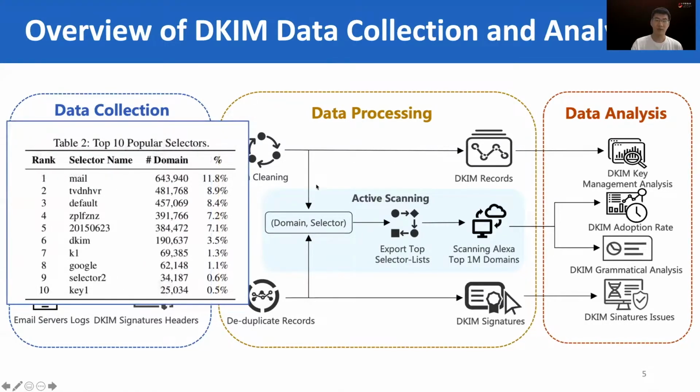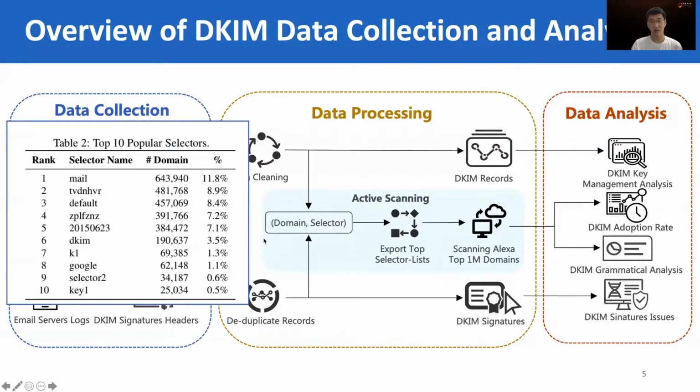Through the above passive collection stage, we found that there are many commonly used selectors such as mail, default, and dkim, which are used by many domains. Therefore, we conduct a large-scale measurement of the Alexa top 1 million domains, using the top 40 selectors obtained from the passive collection.